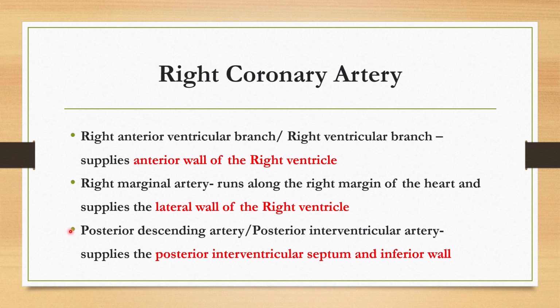In short, we can say PDA, and it supplies the posterior interventricular septum and inferior wall. And this is the artery which decides the coronary dominance. We will discuss that in detail in the following slides.